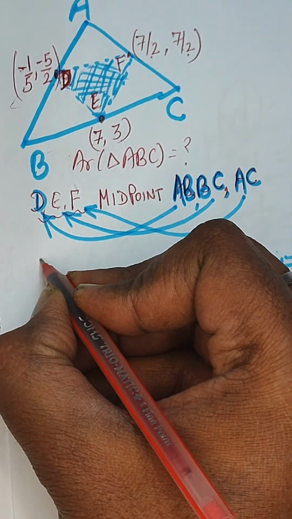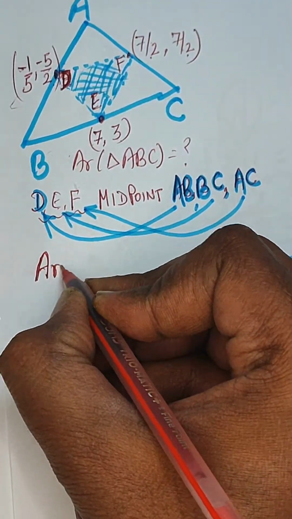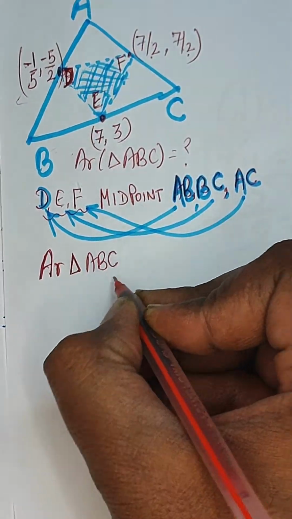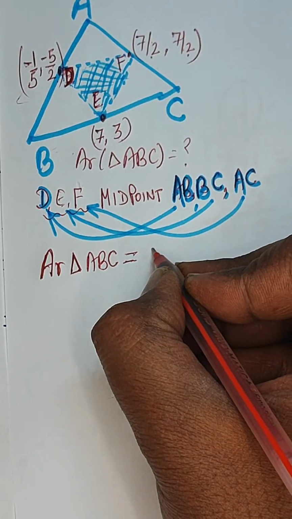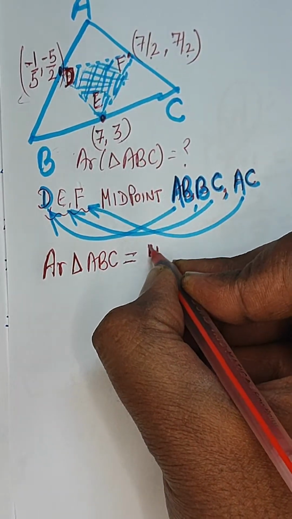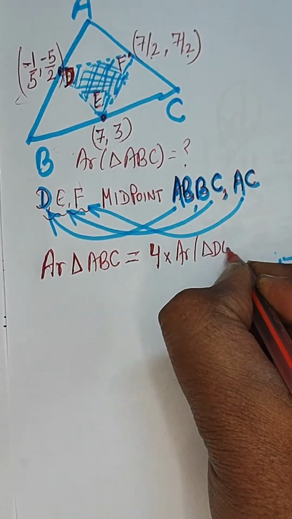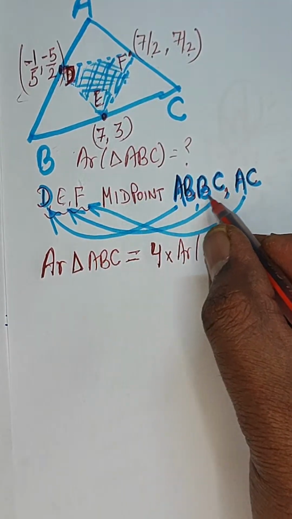So, what we will do, my dear friends, we will calculate the area of this triangle DEF, and we know the relation which we have already derived earlier, that the area of the triangle ABC is equal to 4 times the area of triangle DEF, where D, E, F are the midpoints of AB, BC and AC.